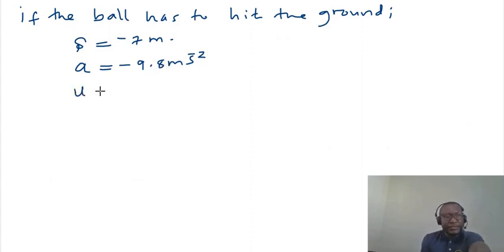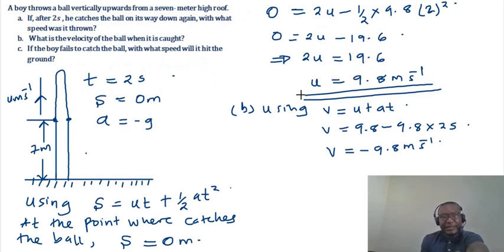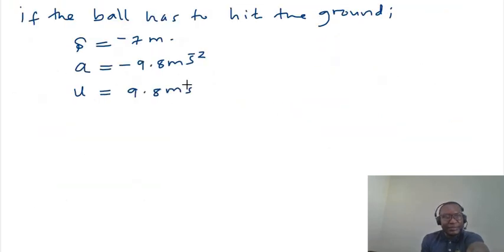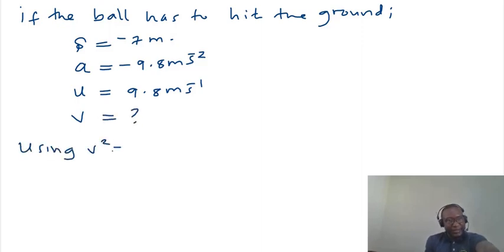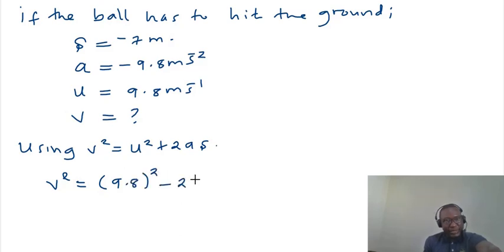The initial velocity u, we calculated it as 9.8 meters per second, and we are required to find the final velocity v. So using v squared being equal to u squared plus 2as, we are going to substitute in here. We need v, so we have v squared being equal to u, and u is 9.8 power 2, minus 2 times 9.8, which is the acceleration, times the displacement, which is also negative 7.